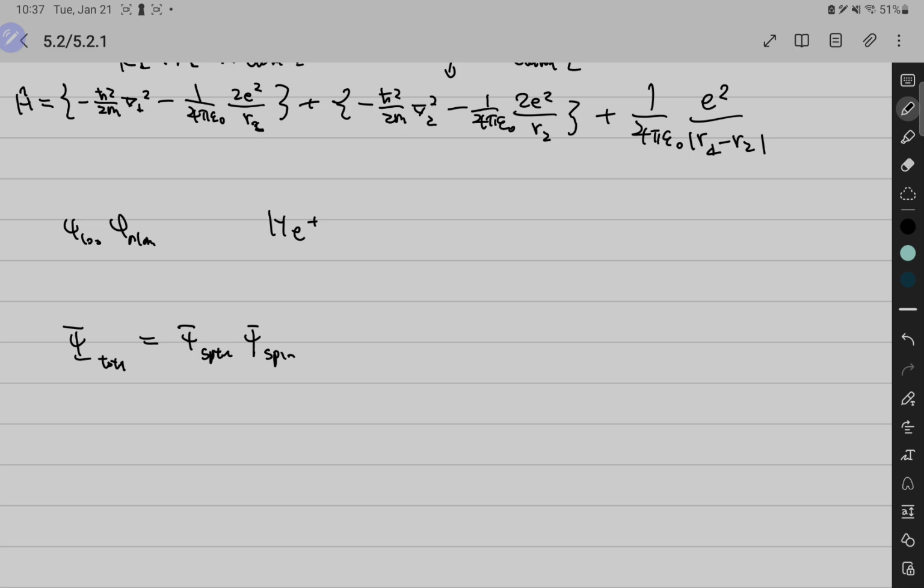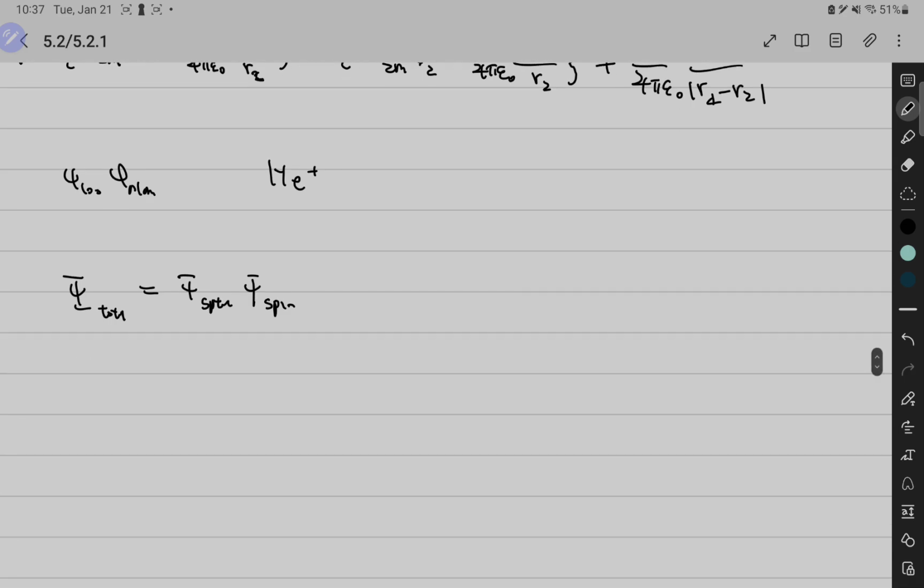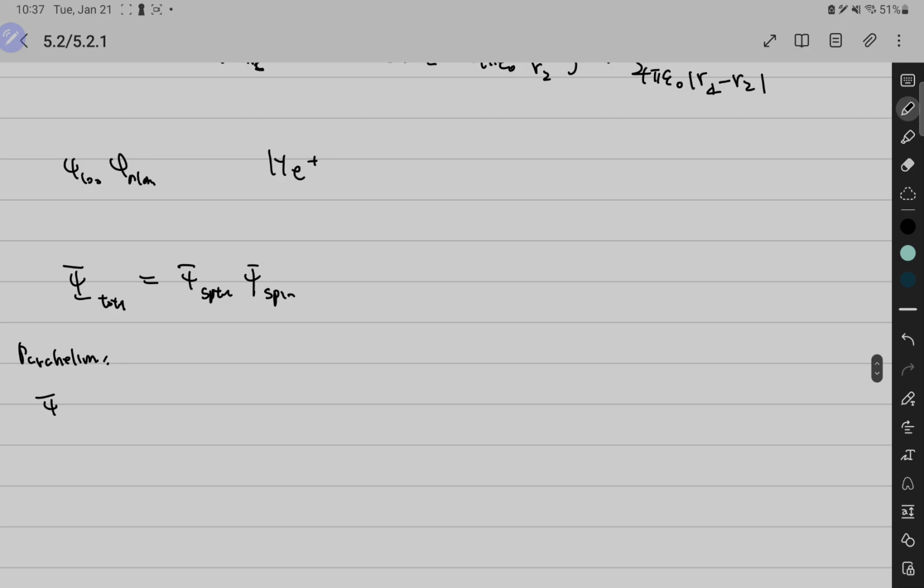And the result of that is that our spatial part is either symmetrical or anti-symmetrical, and our spin has to be the opposite of whatever our spatial is, and vice versa. So there are 2 cases we can consider. The first case is what we call parahelium. Parahelium is when the spin part is anti-symmetrical.